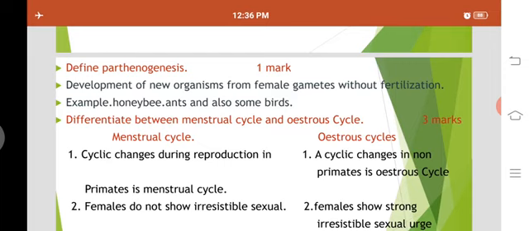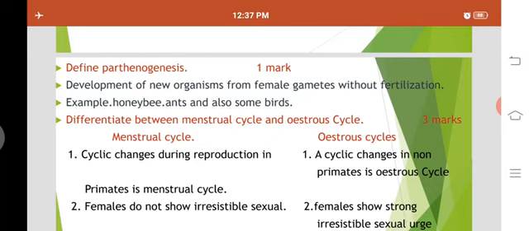What is parthenogenesis? This question has been asked repeatedly for 1 mark. Development of new organisms from female gametes without fertilization is called parthenogenesis.